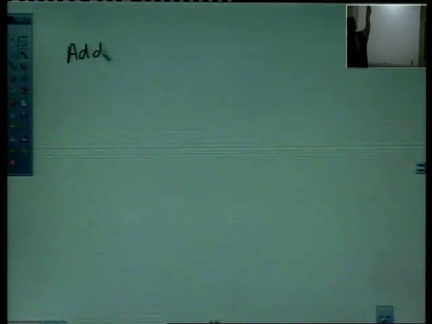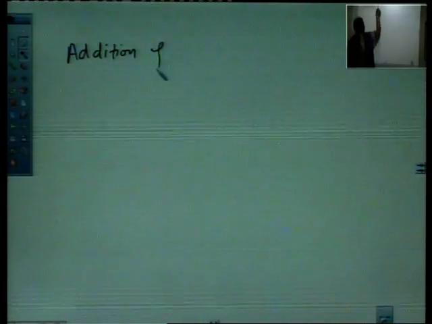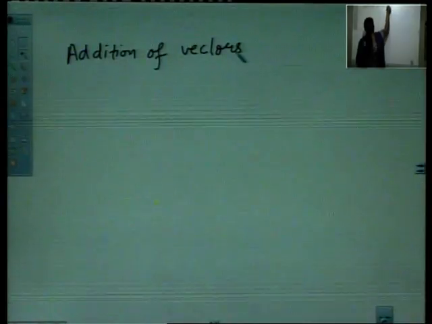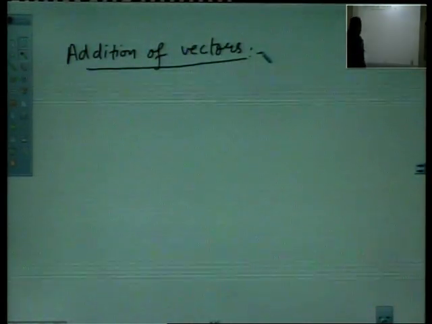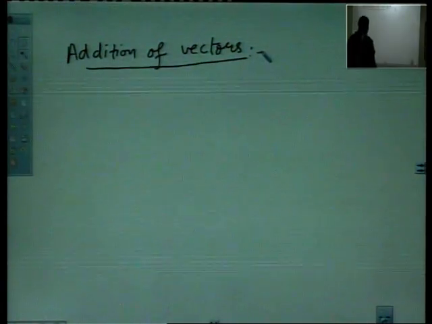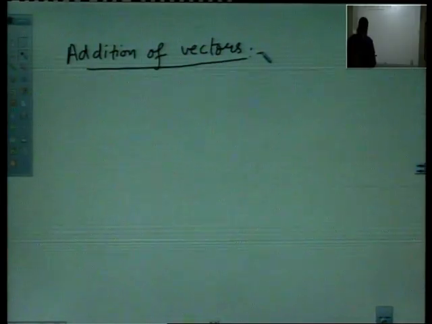The first property is the addition of vectors. As we can add two scalar quantities, similarly by using laws of vector algebra, we can add two vector quantities also.